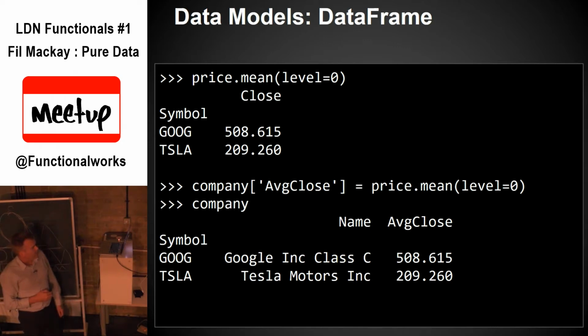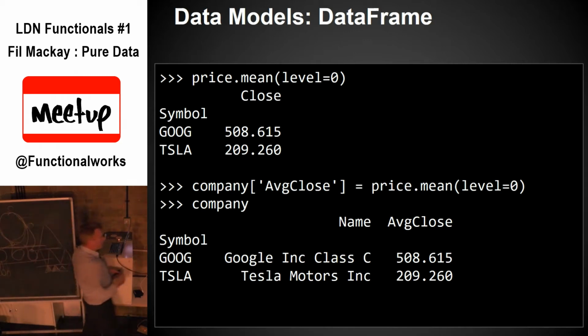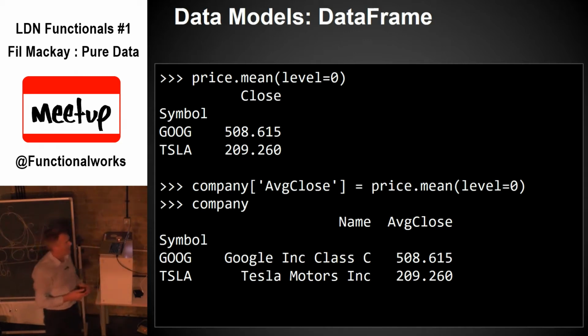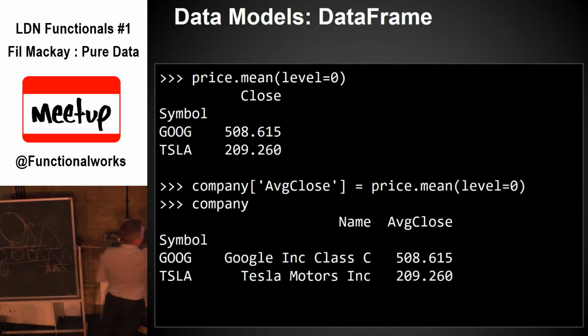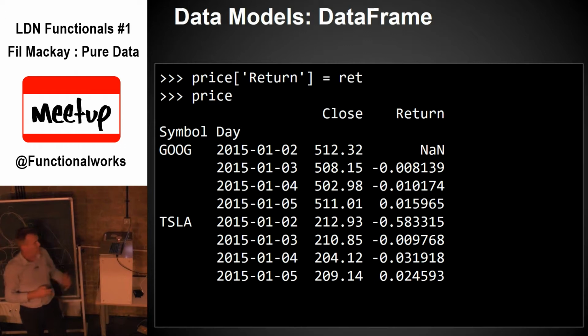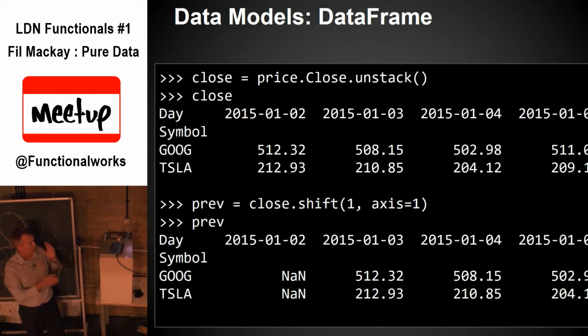Similarly, with our company data frame, we can add some data into there, which is the average of all the closing prices for those particular companies, using price.mean level equals 0, and then we can see here what the data frame has changed. Similarly, we can go and grab the return series that we created before and inject that into the data frame, so we can see the raw data and the calculated data alongside.